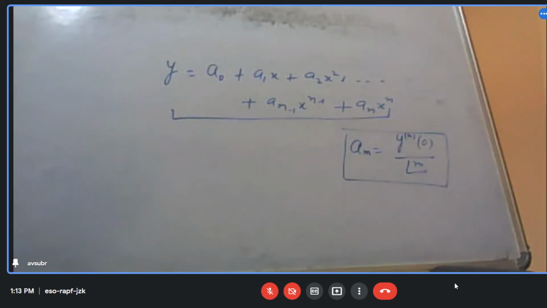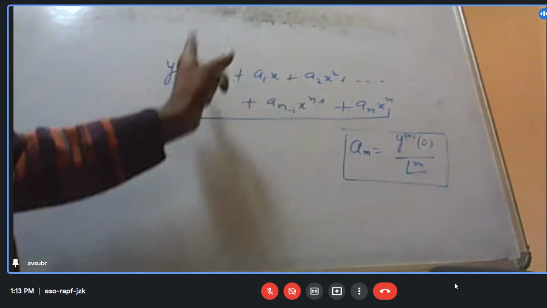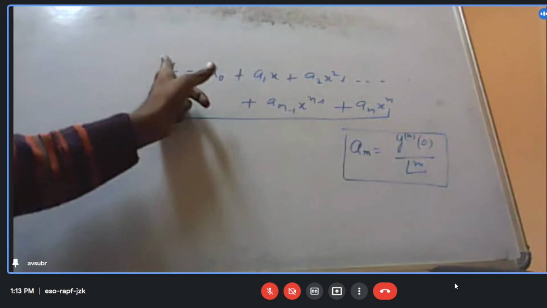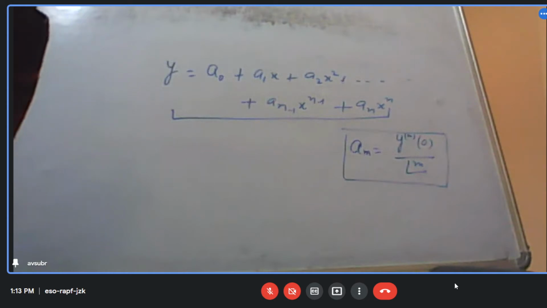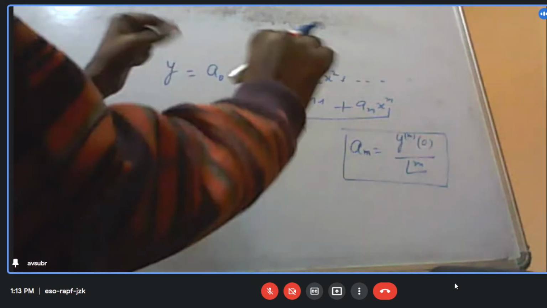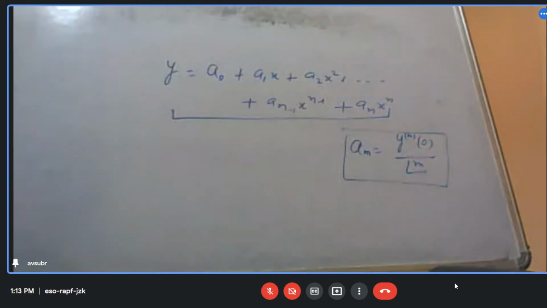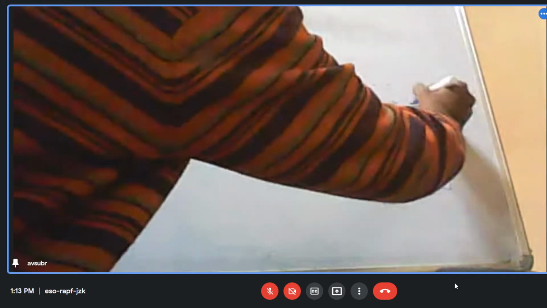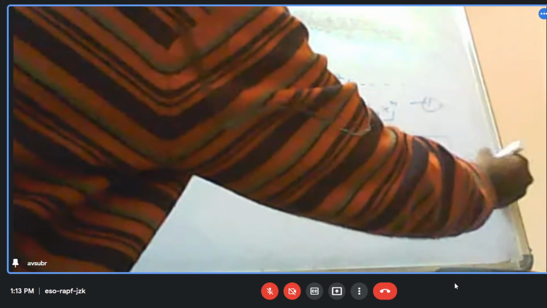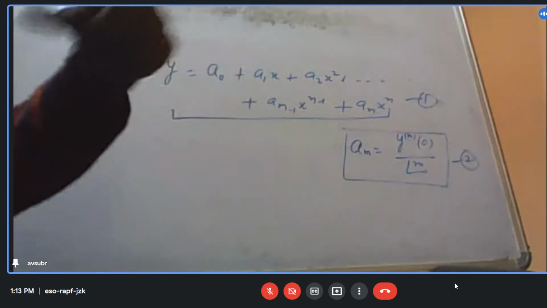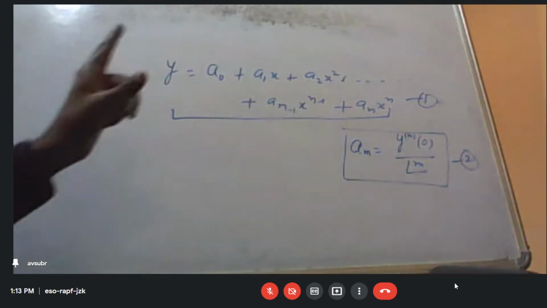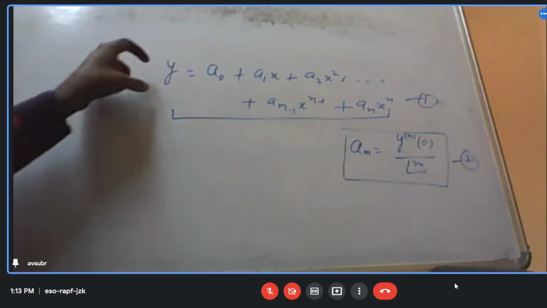If I put these coefficients back in this particular polynomial, let us say this is equation number 1, we found this as equation number 2. You can change your equation numbers in order to understand this.